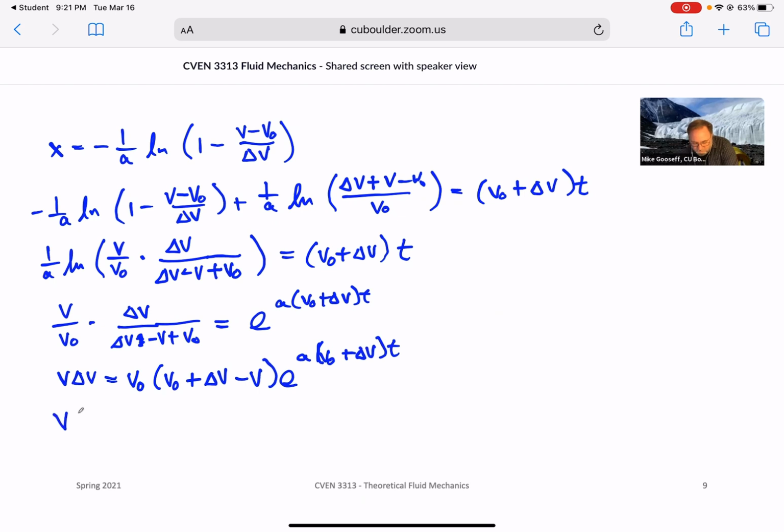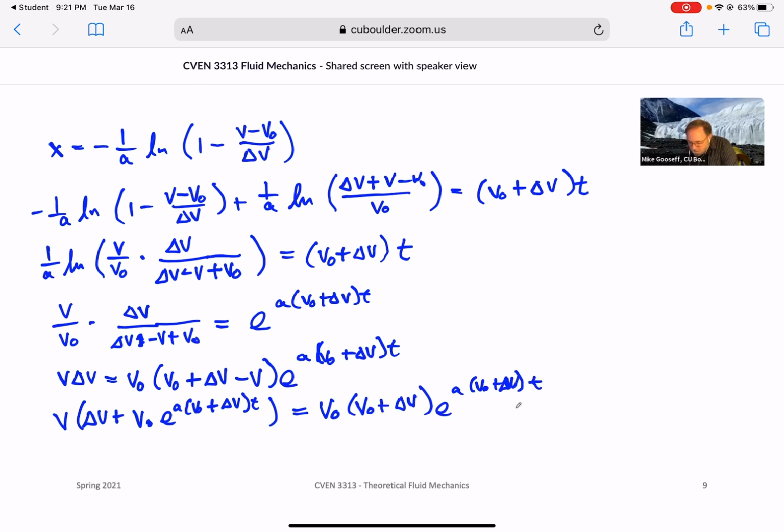We end up with V times delta V plus V naught E to the A V naught plus delta V times T, and then that is all equal to V naught times V naught plus delta V times E to the A V naught times V naught plus delta V. Sorry, that should be a delta V. And then times T on the outside of that.